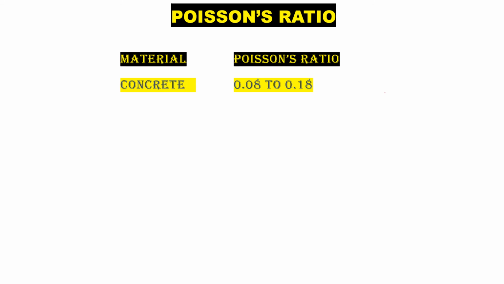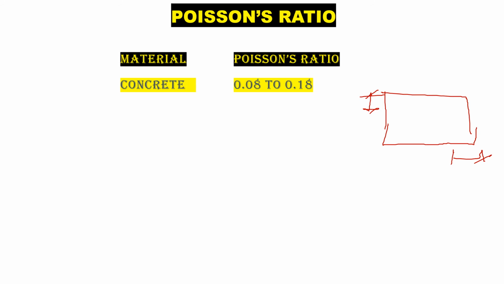And since Poisson's ratio is the lateral strain to linear strain, the value for Poisson's ratio is always less than 1 because the longitudinal strain is always greater than the lateral strain. That is why the Poisson's ratio is always less than 1.